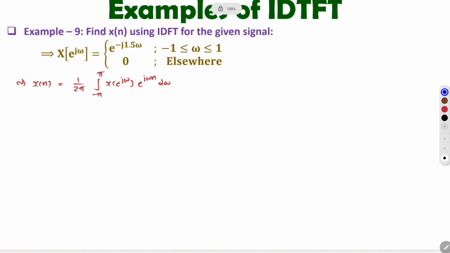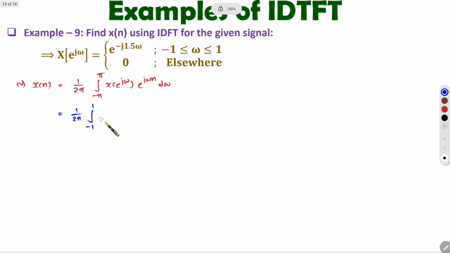Now let us apply limits over here. We have omega ranging from minus 1 to plus 1, so the limit is from minus 1 to plus 1. At that time X of e to the power j omega is e to the power minus j 1.5 omega, multiplied by e to the power j omega n d omega.